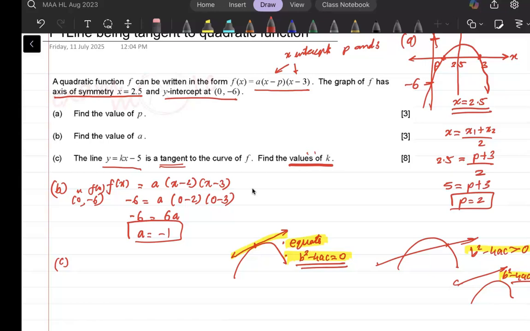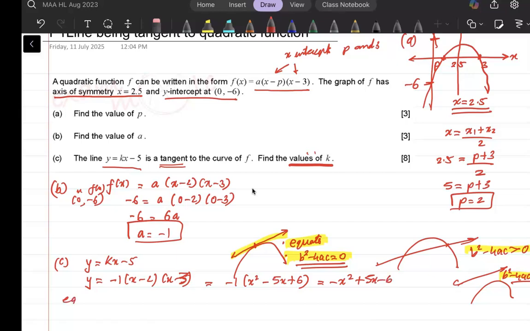So step 1, I'll equate the line with the parabola. My line is kx − 5. My parabola is, now that I got the value of a as −1, −(x − 2)(x − 3). I'll expand it, so my parabola is −x² + 5x − 6.